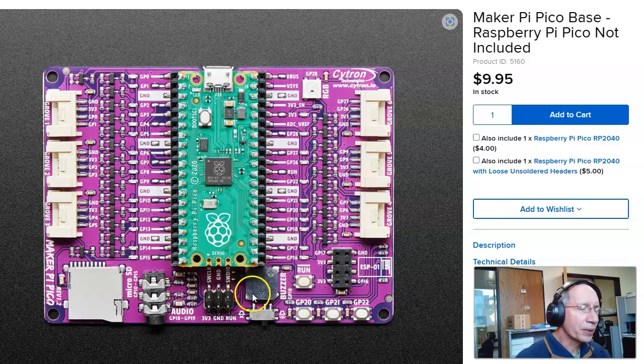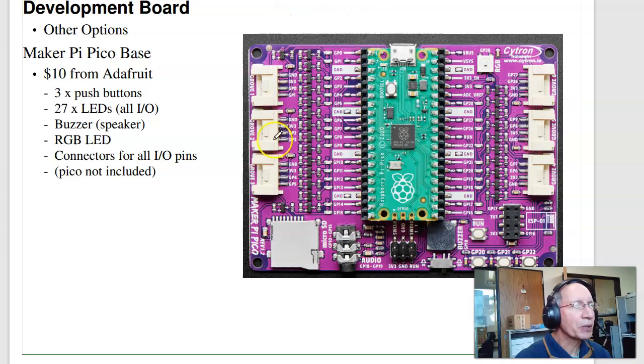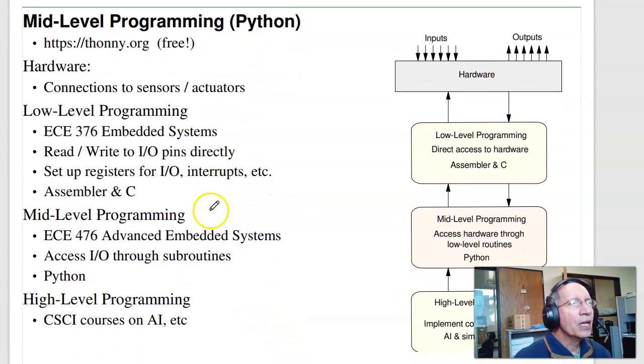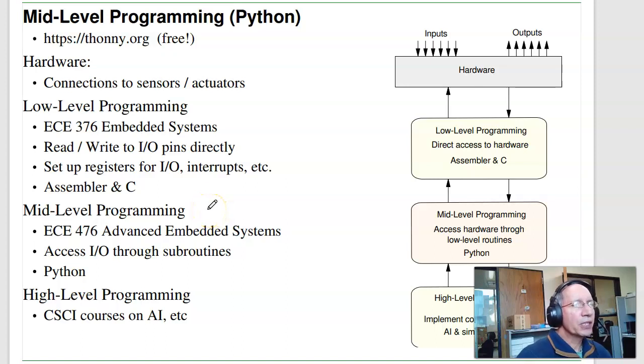It's got a speaker rather than just a buzzer, so you can play Mary Had a Little Lamb, different tunes like that. 3 push buttons for inputs, a headphone output, a SD card, RGB LED. Kind of the same idea, without the graphics display though. So I think the graphics display is going to be really, really useful, so that's kind of why we're going with that one. So that's kind of the processor we're using and the breadboard, development board we'll be using.